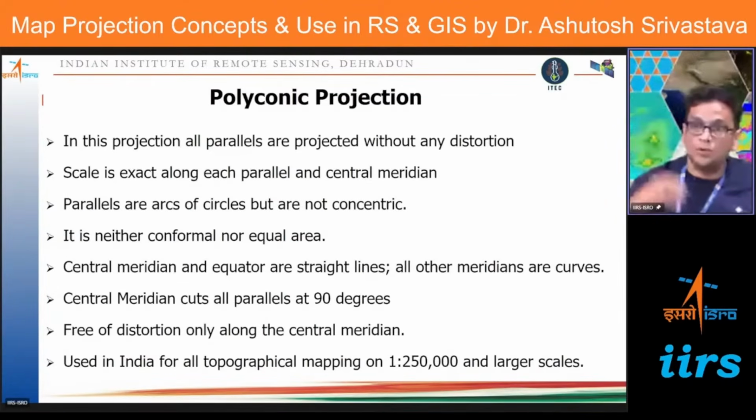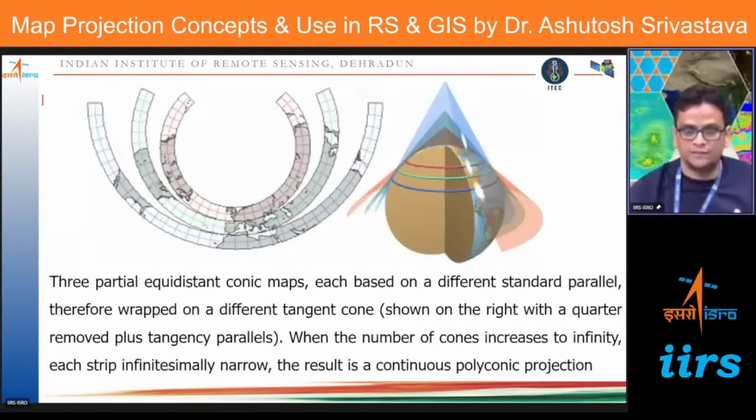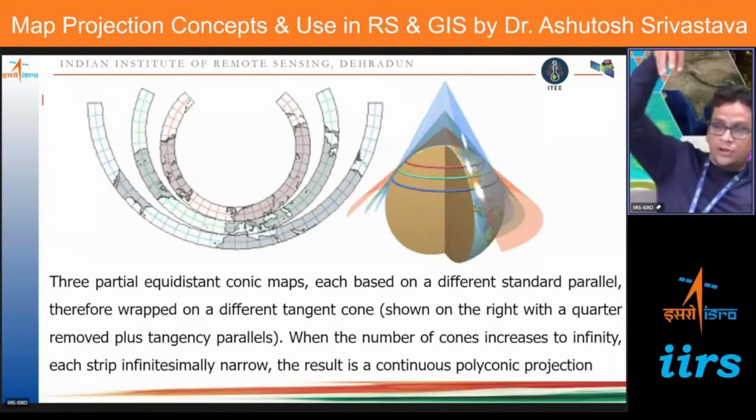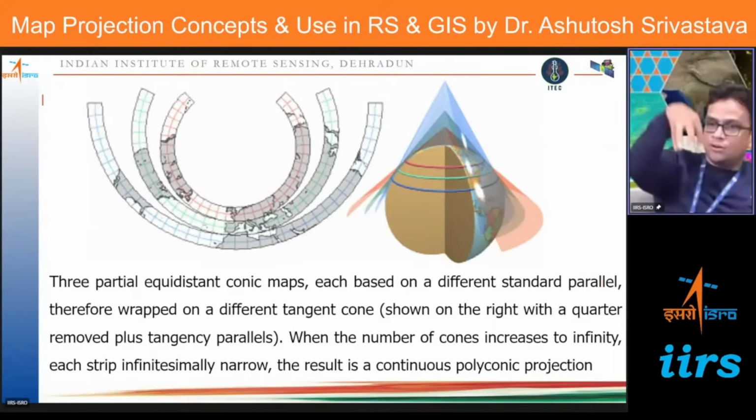In polyconic, the name itself says more than one cone is used. Conic means cone, poly means more, so we use more cones. In this figure, we have taken three different cones of different sizes, red, blue and green. The red cone we put onto the globe.